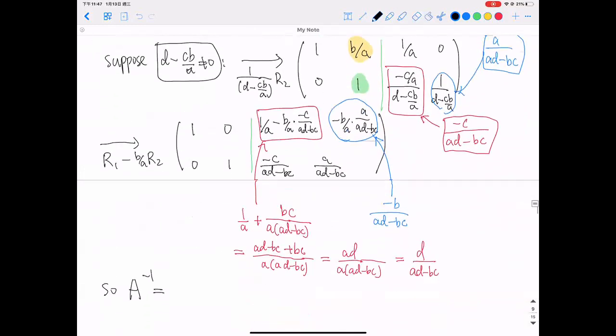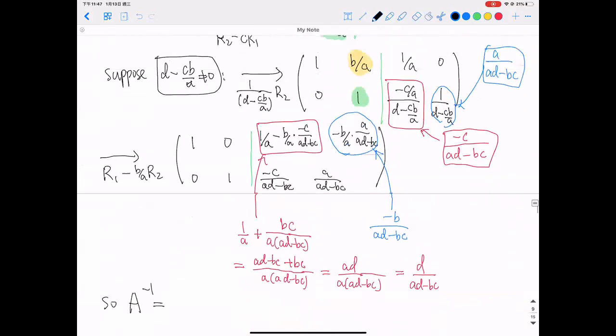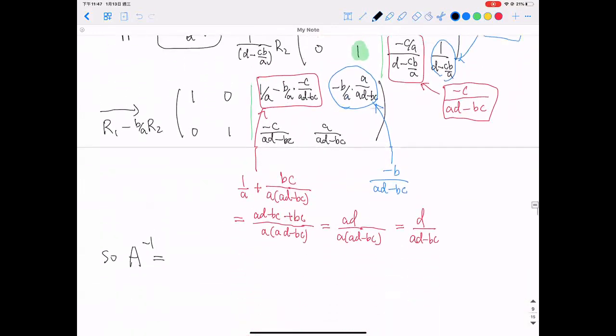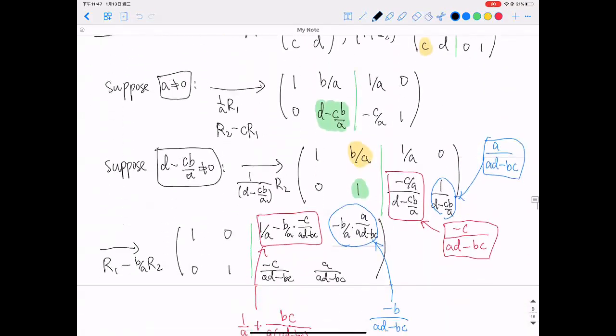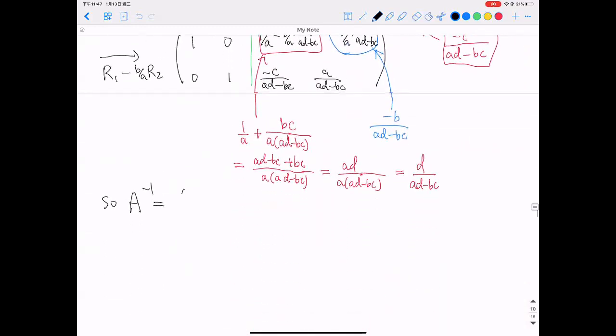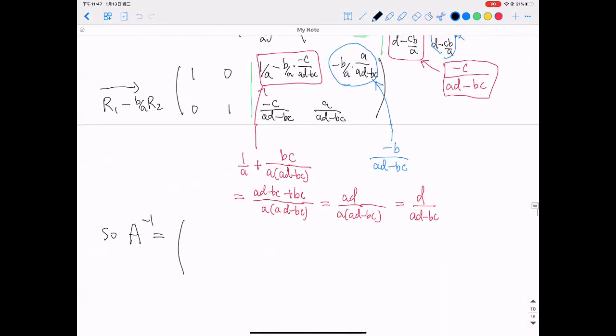After these assumptions, we can show that A is indeed invertible, and its inverse is this: D over AD minus BC, minus B over AD minus BC, minus C over AD minus BC, A over AD minus BC.